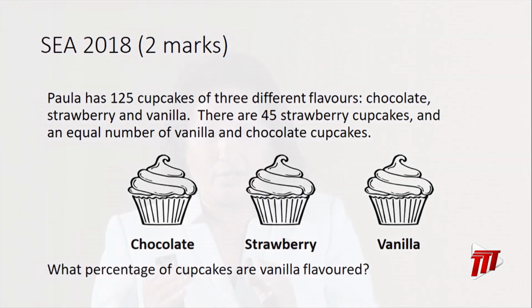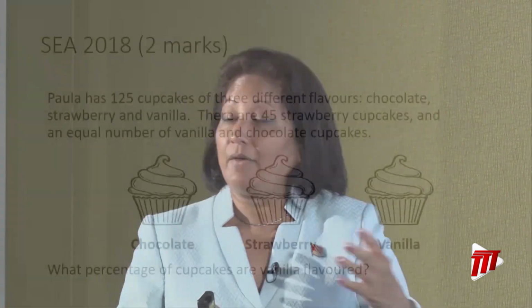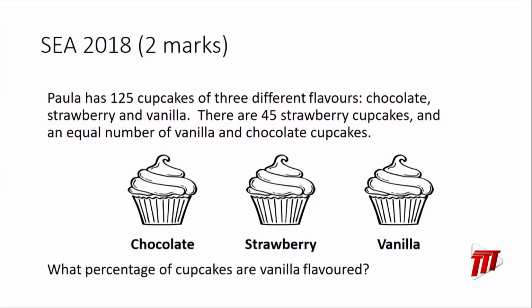So we're trying to understand the problem. She has 125 cupcakes altogether. Some are vanilla, some are chocolate, some are strawberry. We also know that there are 45 strawberry cupcakes. So if 45 of those cupcakes are strawberry, the rest should be vanilla and chocolate.